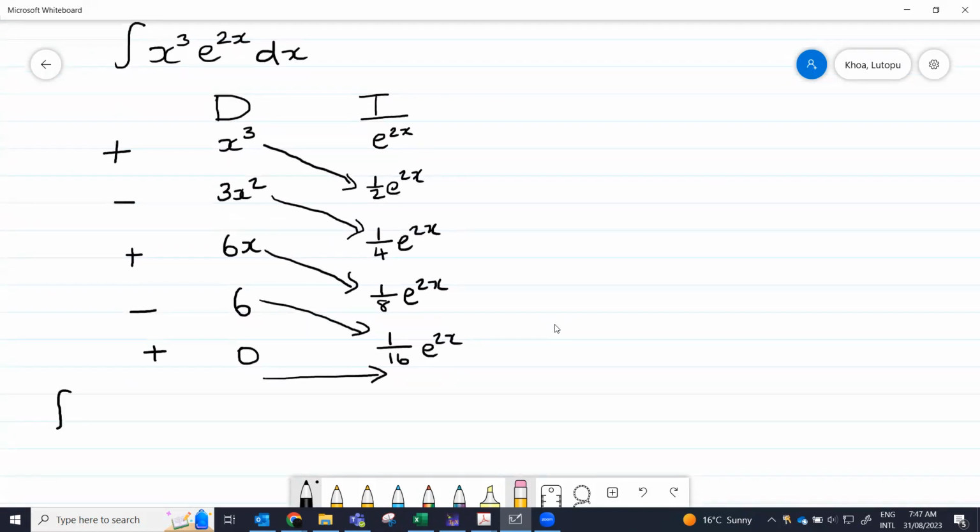Okay, so the integral of x cubed e to the power of 2x dx, this is equal to, you take the plus and then you multiply like this. So you have a half x cubed e to the power of 2x, and then you have a minus, multiply like that.